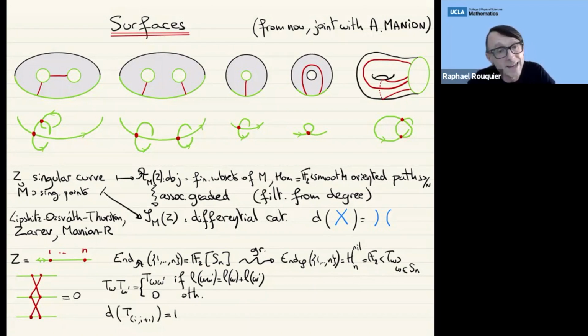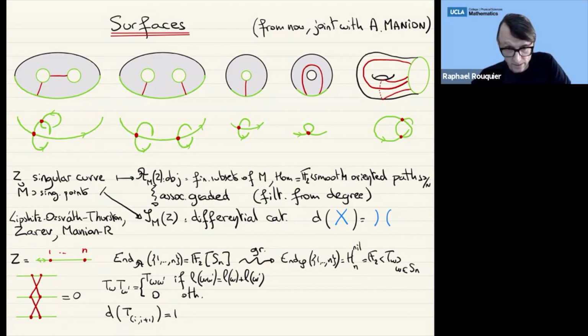But now when you multiply two of them, if the lengths don't add up, you're going to get 0. Okay, so the nil Hecke algebra over F2, say here, doesn't matter, is the associated graded algebra of the filtration on the group algebra of your Weyl group for the length filtration.